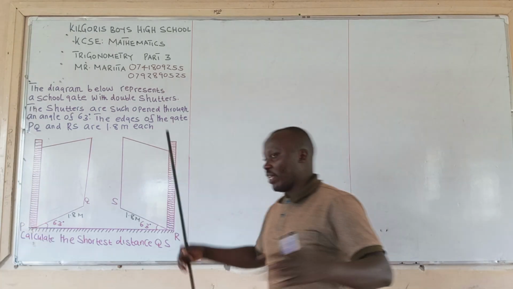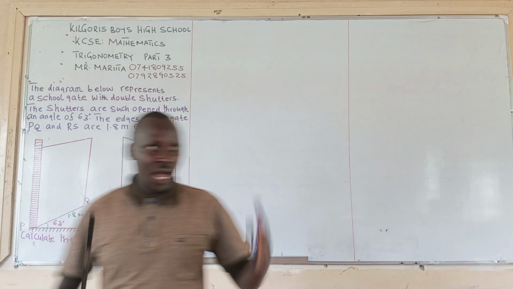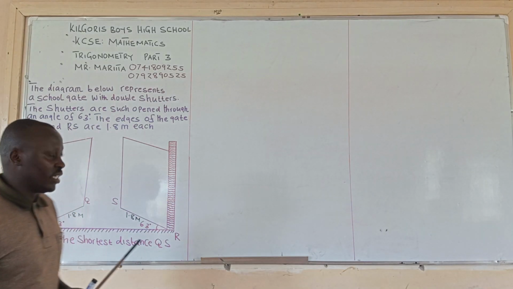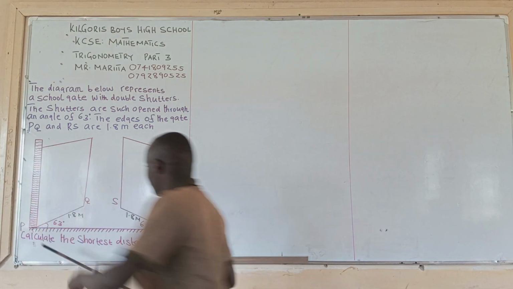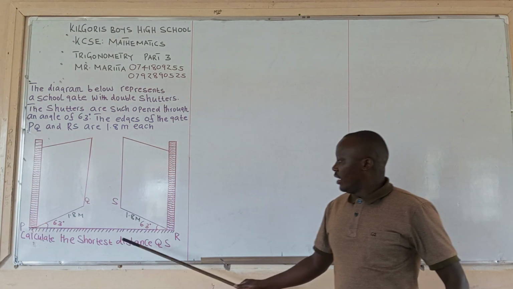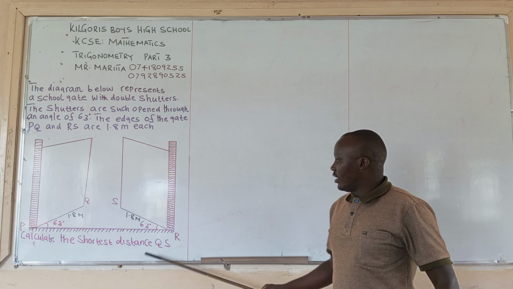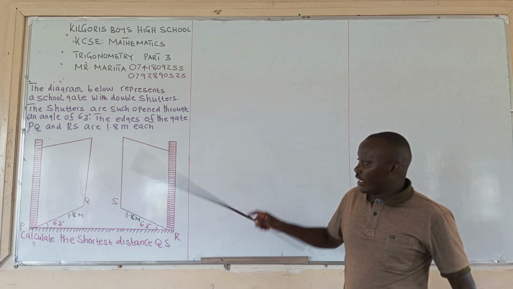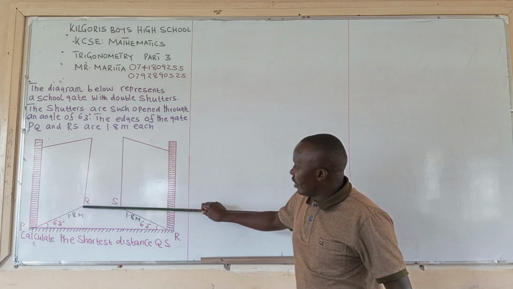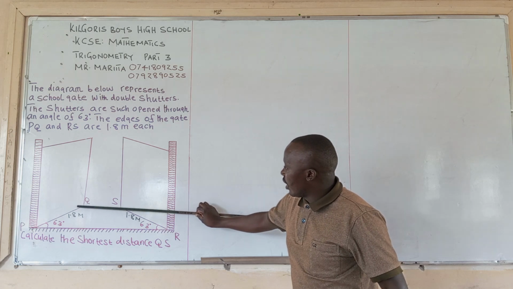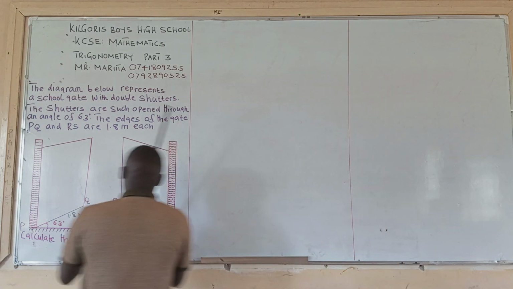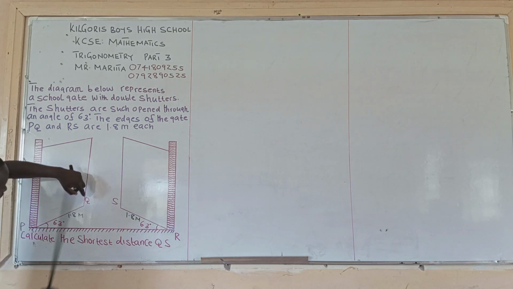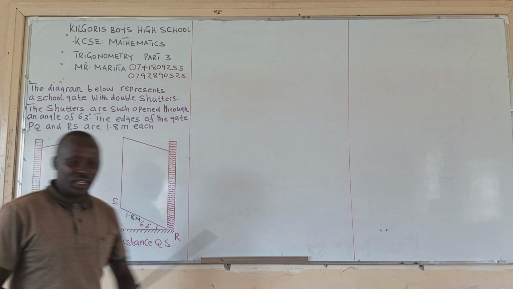Now the shutters are opened through an angle of 63 degrees. What is the question here? Calculate the shortest distance QS, this distance here.